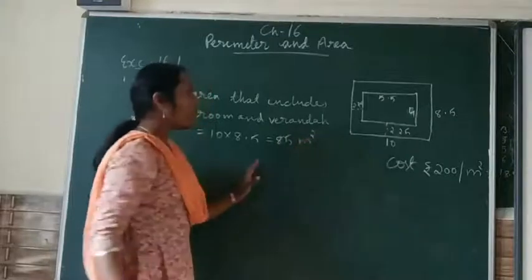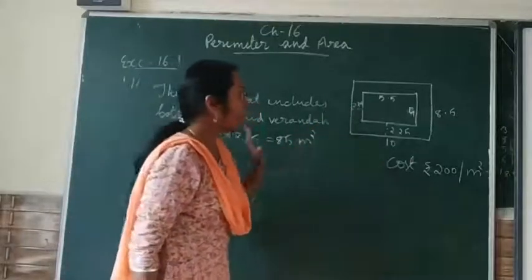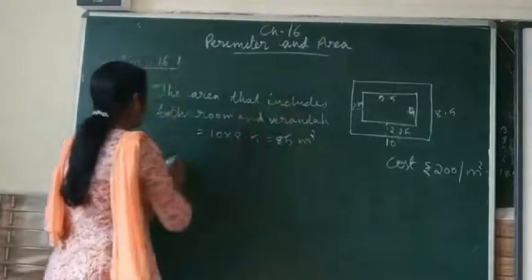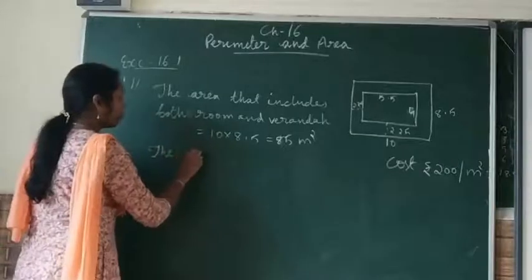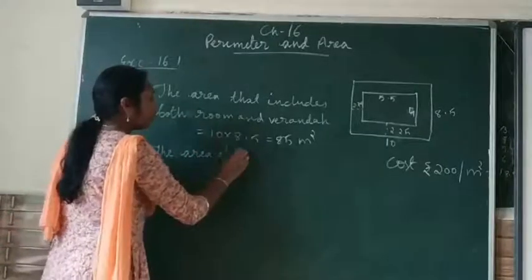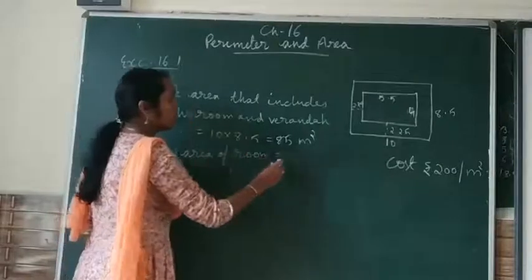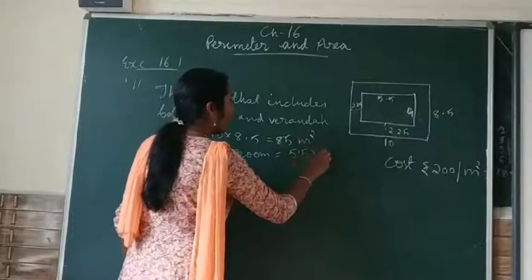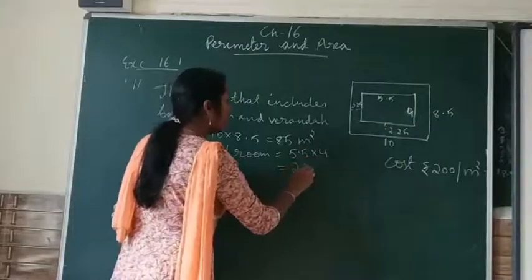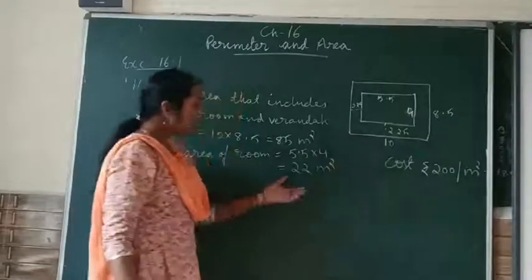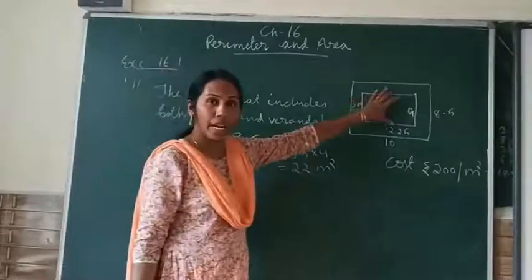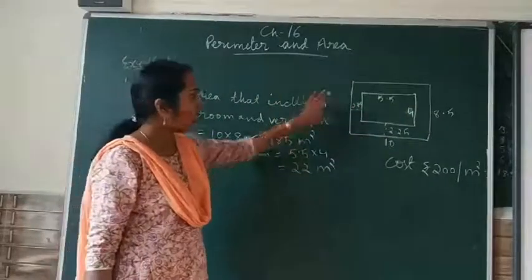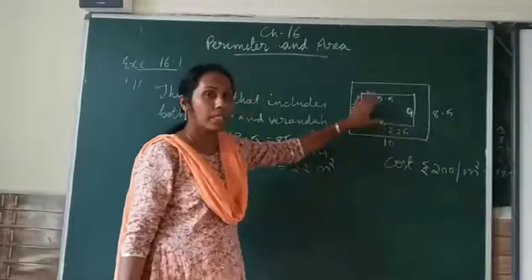So this is the area of the external rectangle. Now, in the next step, we have to write the area of room. Area of room is equal to 5.5 into 4. That is equal to 22 meter square. So this is the area of the room, the area of the internal rectangle, and the area of the external rectangle is 85 meter square.